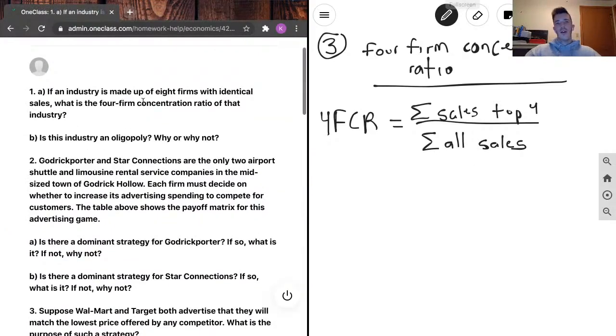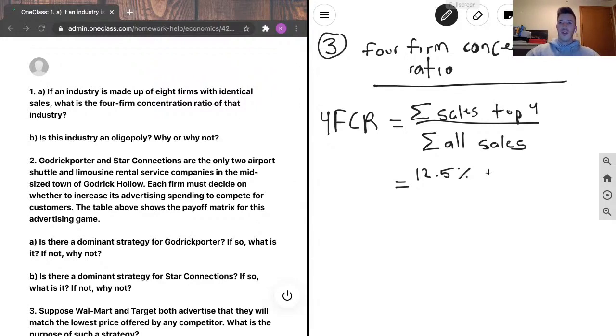So if we're made up of 8 firms with identical sales, that means if you divide 100% of sales by 8, that's what each firm has. So each firm is going to have 12.5% of total sales.